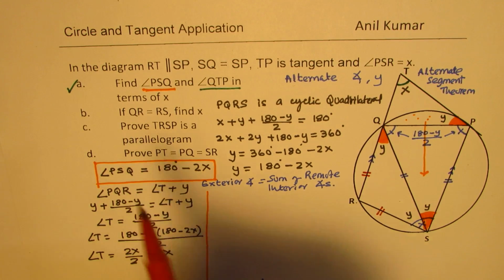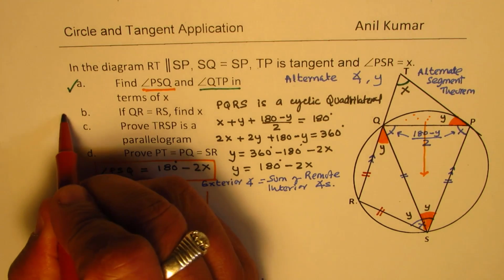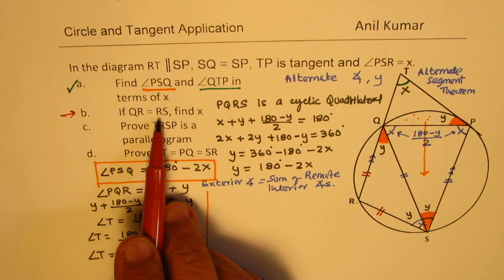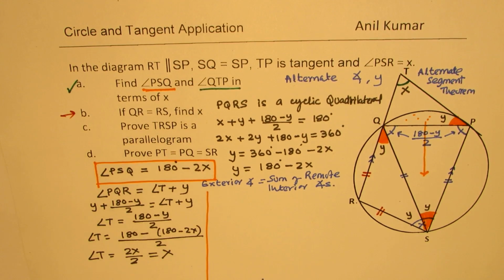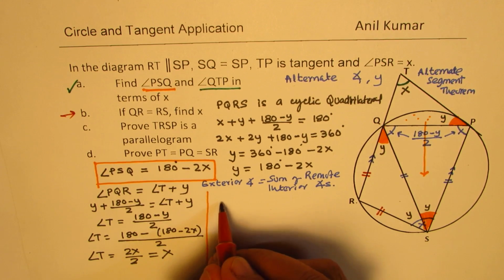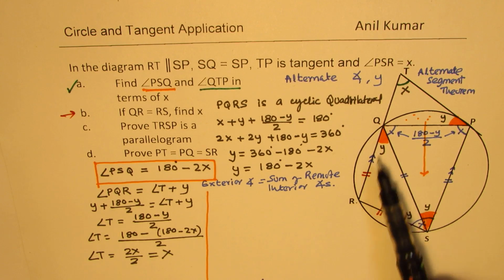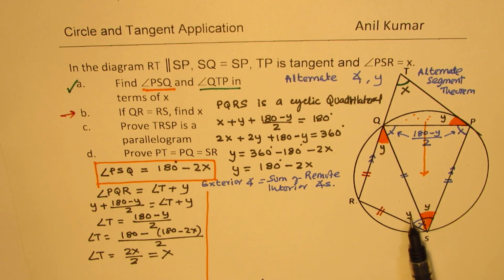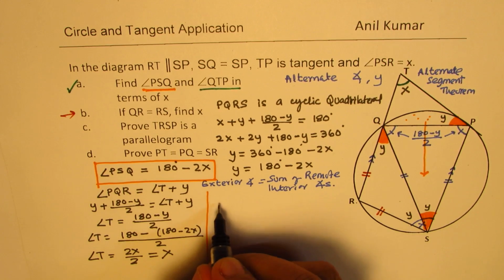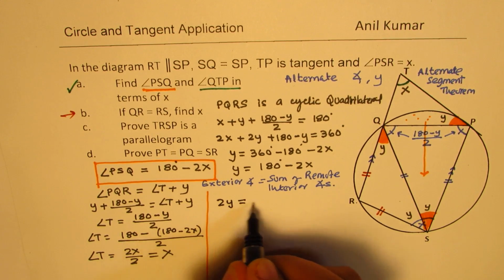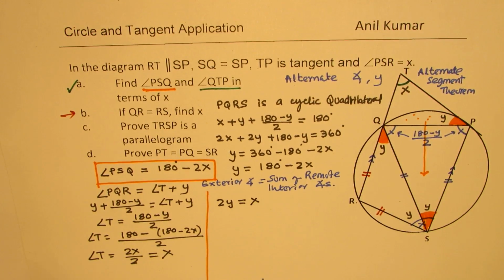So now let's focus on this portion: if QR equals RS, find X. Okay, great. In that case, this is an isosceles triangle, both are Y now. So X is Y plus Y. So basically we get 2Y is equal to X. So that is the first thing which we get.